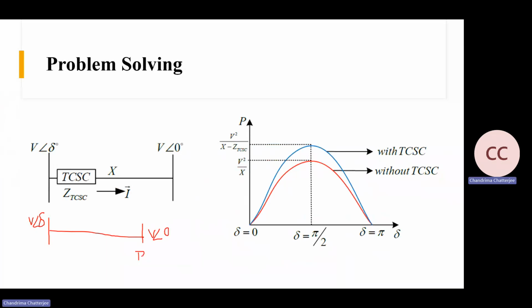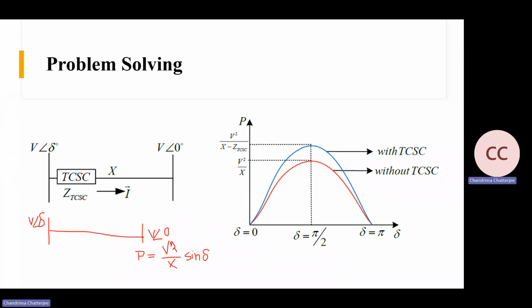The steady state power transfer is V square by X, where X is the reactance of the line, sine delta.